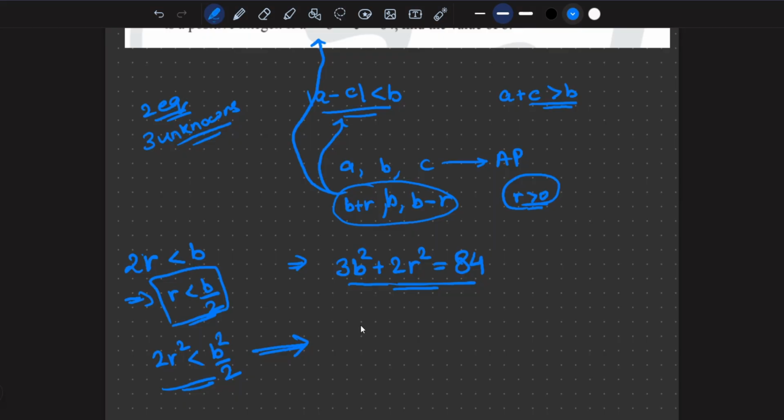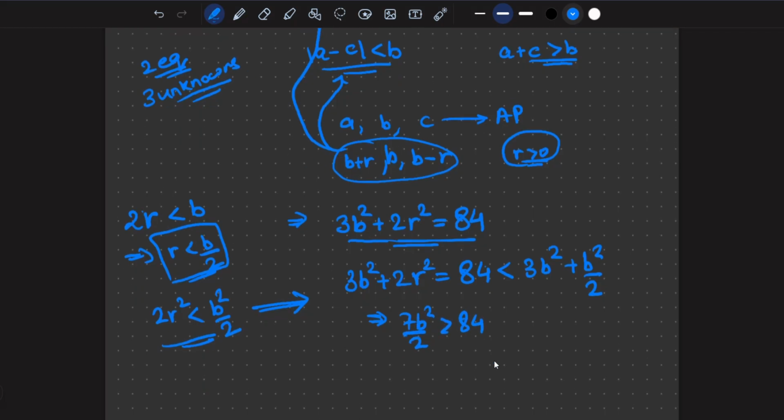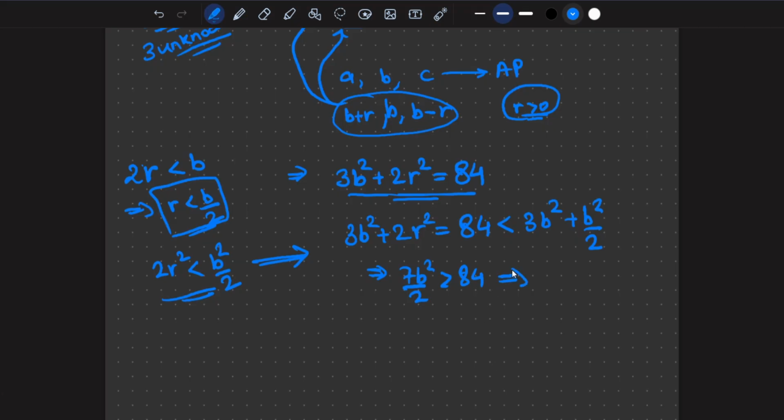From here I can tell that 3b square plus 2r square, which is equal to 84, is less than 3b square plus b square by 2, right? It is pretty obvious, you'll be able to see. So from here we get 7b square by 2 is greater than 84. And if we solve this inequality, we get something like b square is greater than 24.